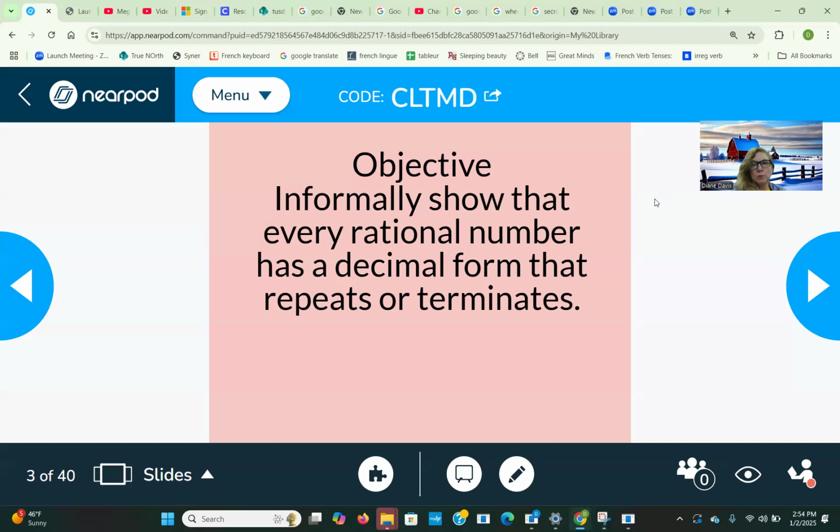Just the term rational has the word ratio in it, and ratio is a fraction. Like for every 3 boys on the soccer team, there are 5 girls. Then the ratio of boys to girls is 3 to 5.